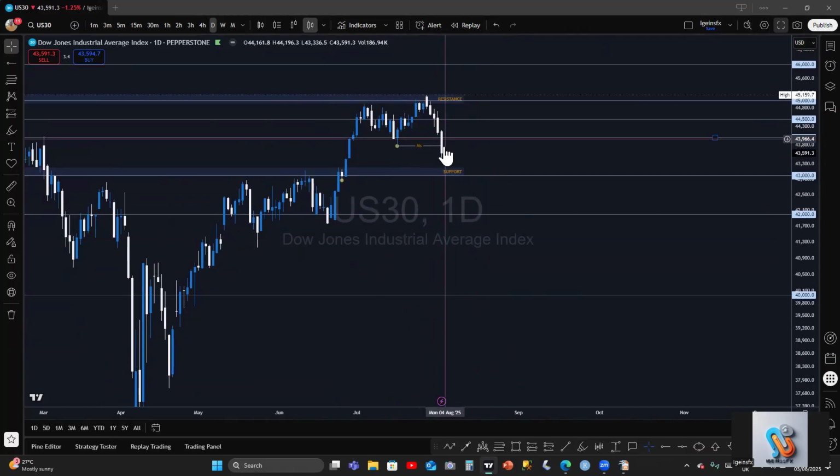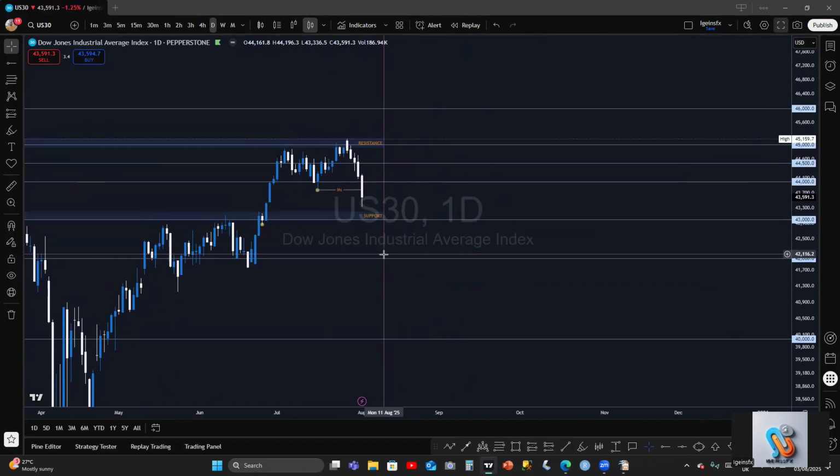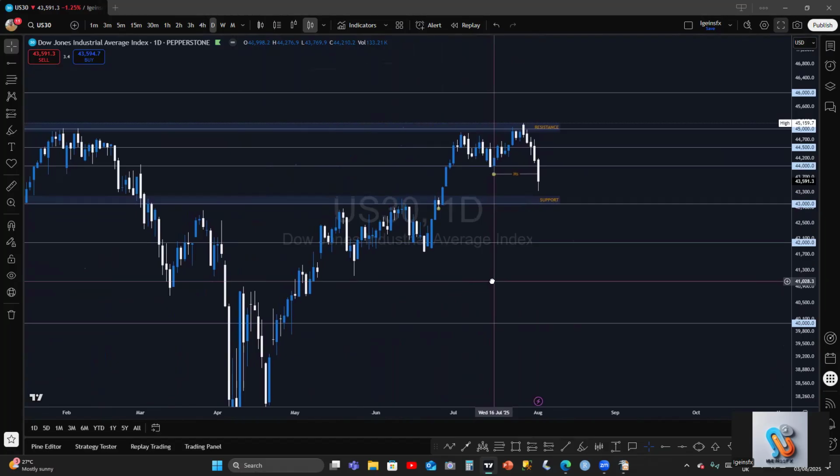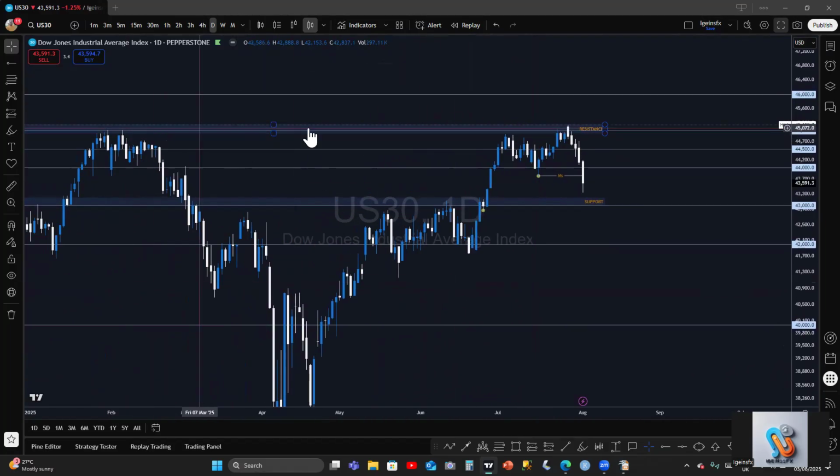Otherwise, if it breaks below this point, then price will have to come back to retest, then continue to drop. So until then, we are optimistic that we are still bullish. But let's not forget that we have a very strong resistance here.